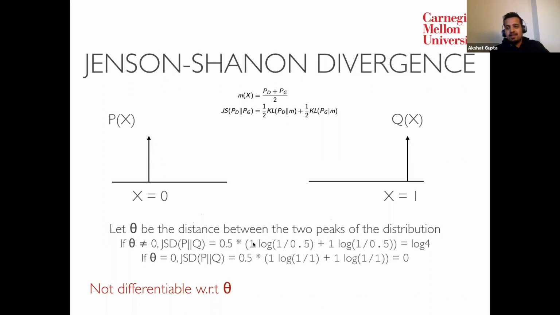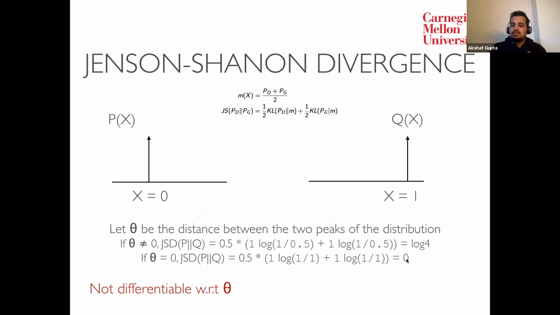The next measure that we use, and something that we use in GANs, is the Jensen-Shannon divergence. Let's calculate the Jensen-Shannon divergence for these two cases. Again, theta is the distance between the two peaks. If you calculate the JSD when theta is not equal to 0, then the Jensen-Shannon divergence is log 4.